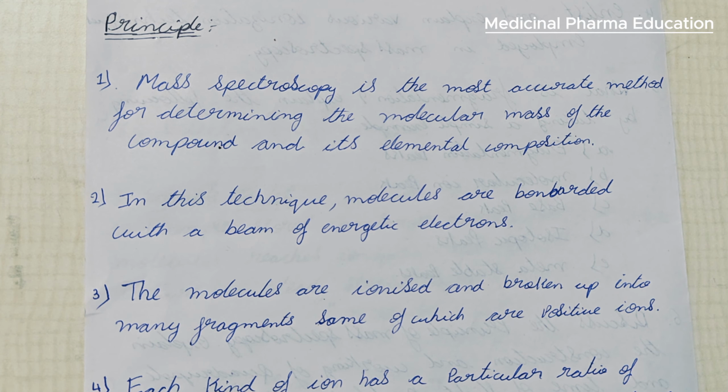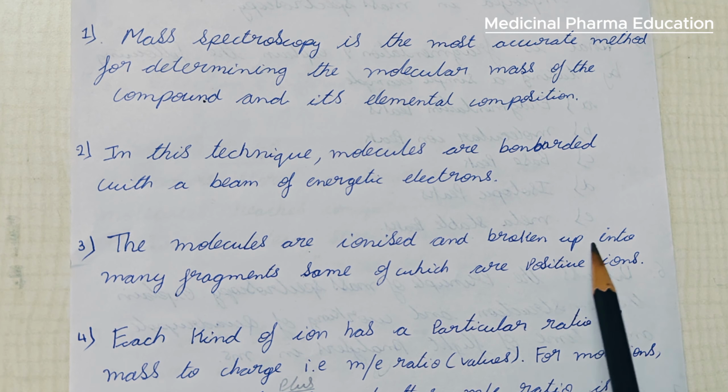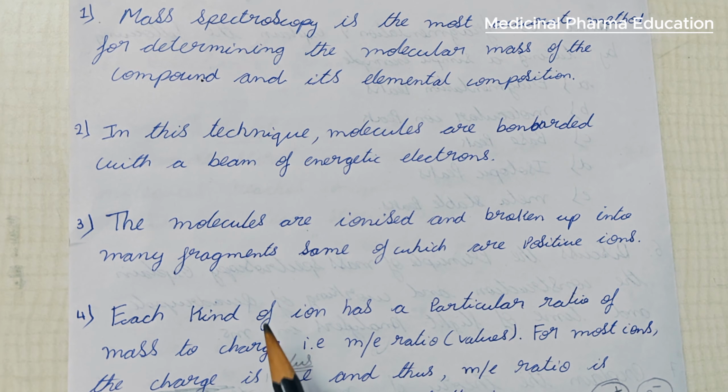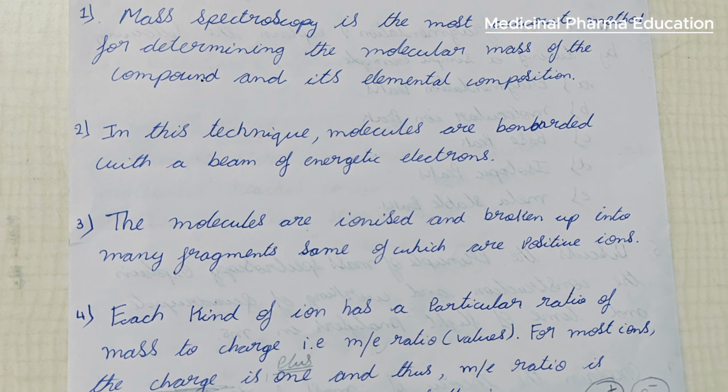The fragmented ions are used to analyze the sample. The molecules are ionized and broken up into many fragments, some of which are positive ones. Only the positive ones we need to analyze the sample. Okay, see, the molecules are first ionized and then broken down into many fragments.